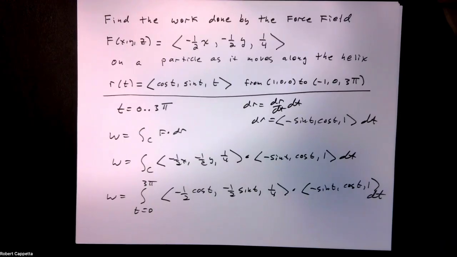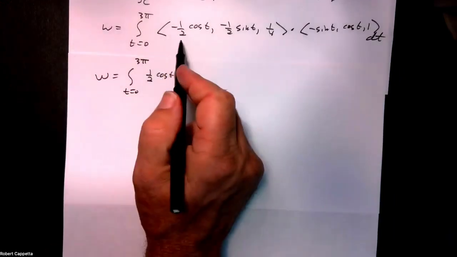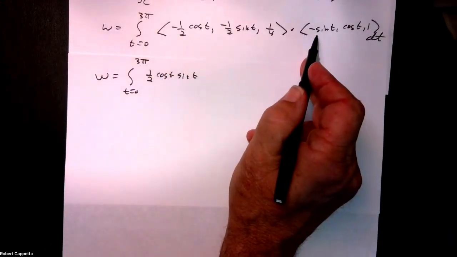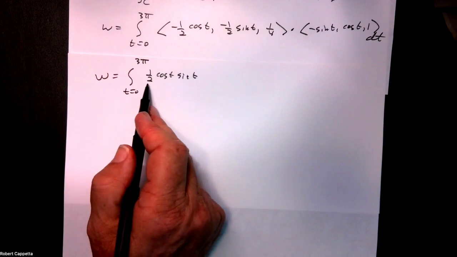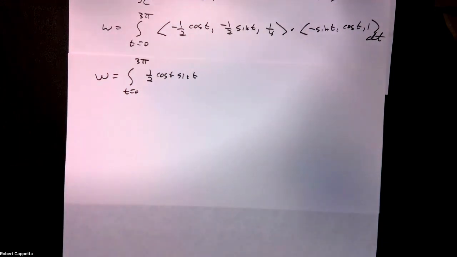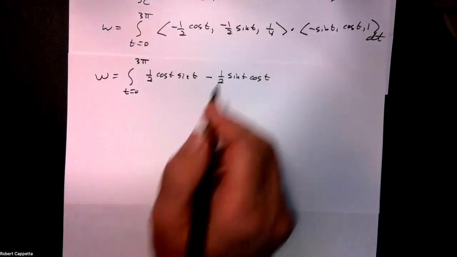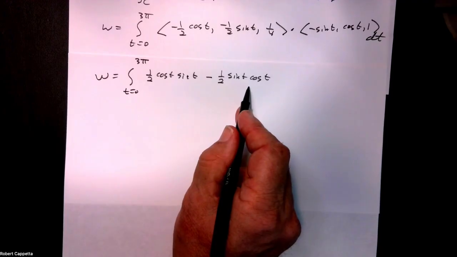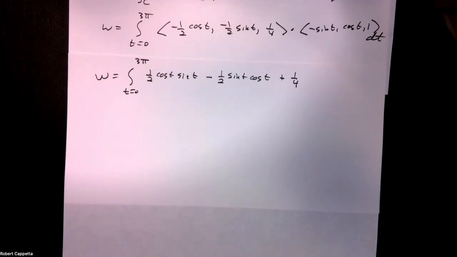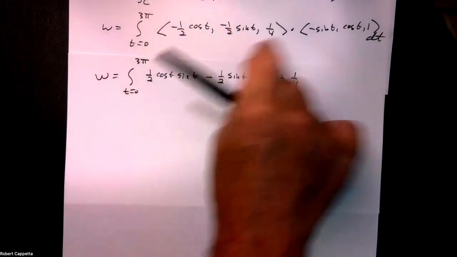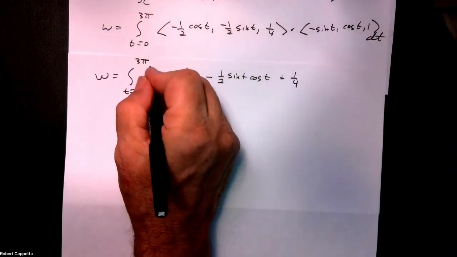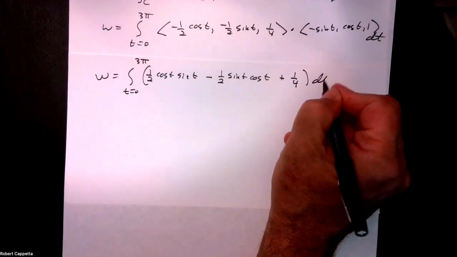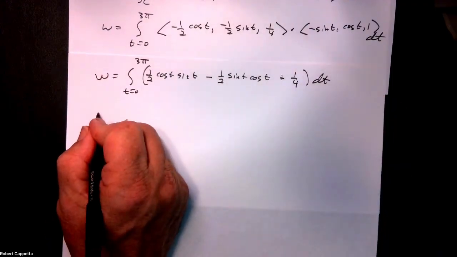So let's go ahead and multiply that out and see what we get. In our first slot, negative 1/2 cos t times negative sin t, negative times negative is positive 1/2 cos t sin t. In our second slot, negative 1/2 sin t times cos t is negative 1/2 sin t cos t. And in our third slot, 1/4 times 1 is just 1/4. And all of this is dt.